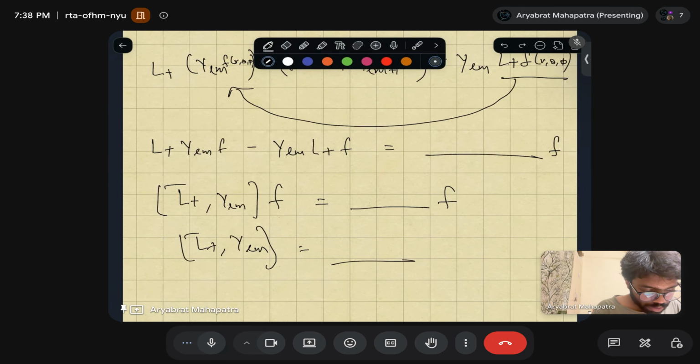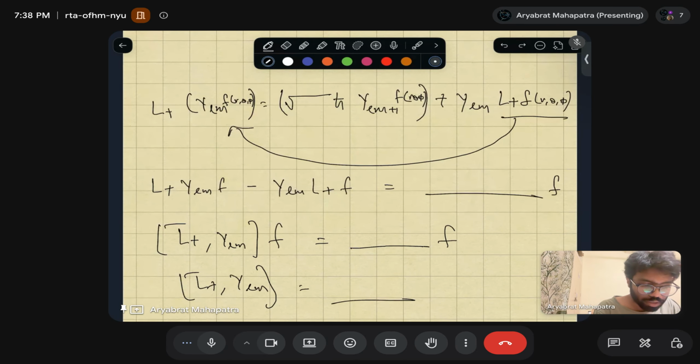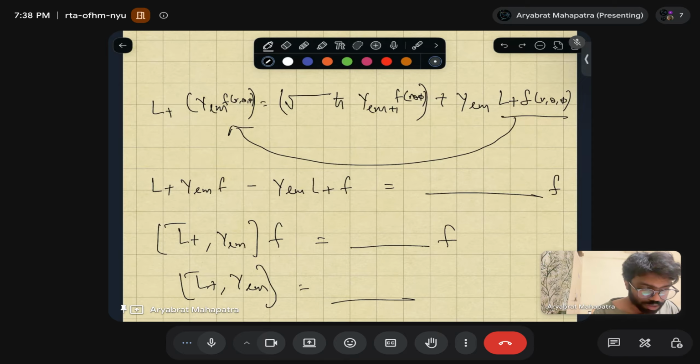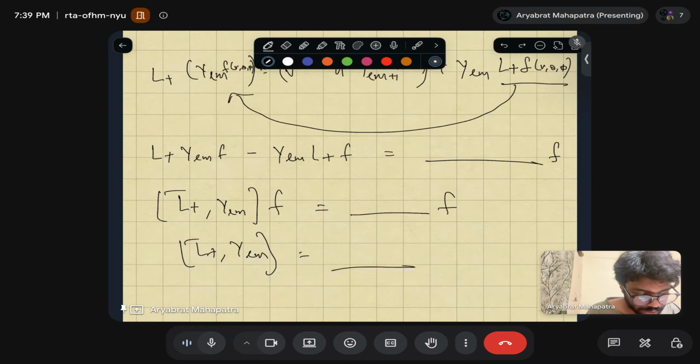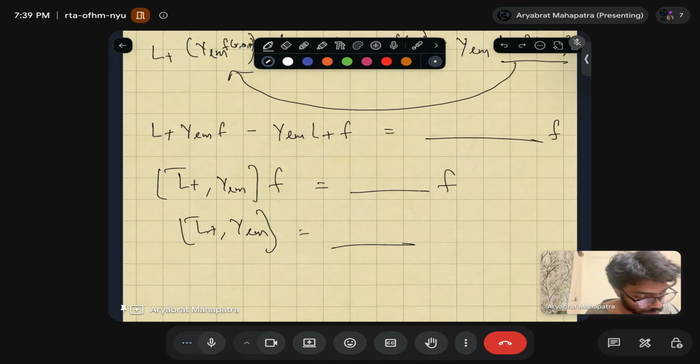Okay, did you get it now? I was asking how I will calculate this term Y_lm L plus f, meaning L plus operating on f. You do not need to know that, because you only need to find the commutation.